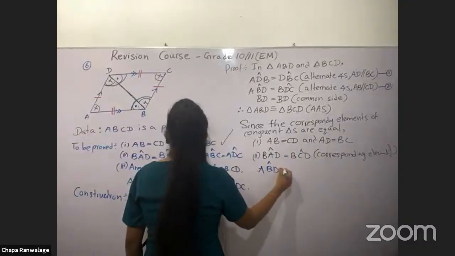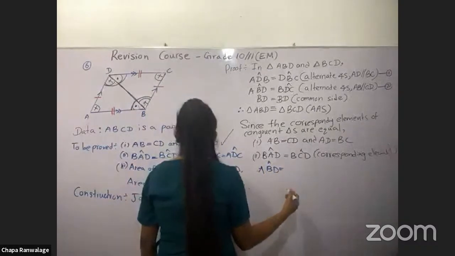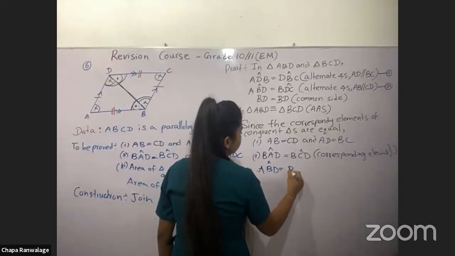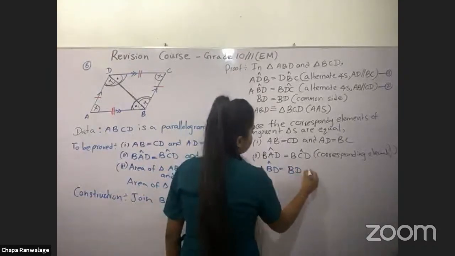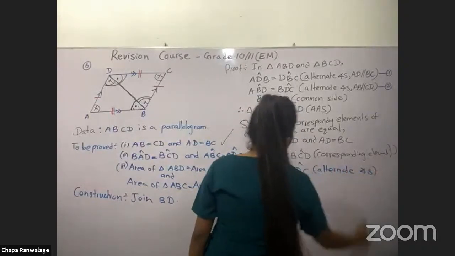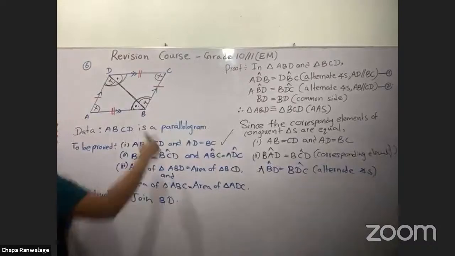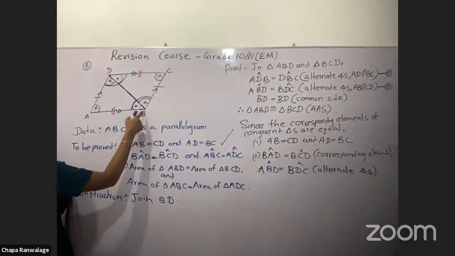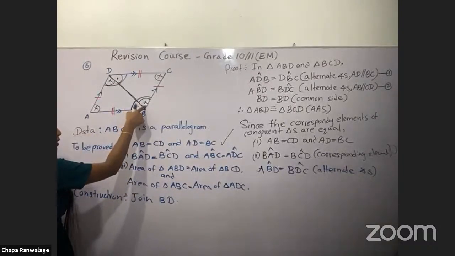ABD is equal to BDC. Alternate angles. Right? Alternate angles. This one is equal to this one. So that you have got this one. මෙයාට එකතු කරන්න මෙයාම ලියමු. Right?